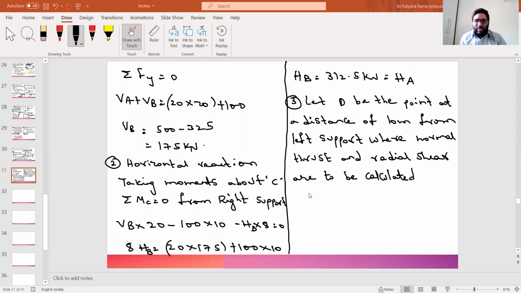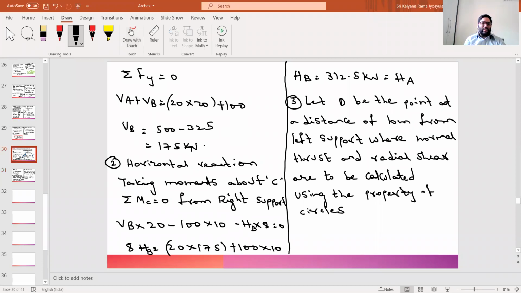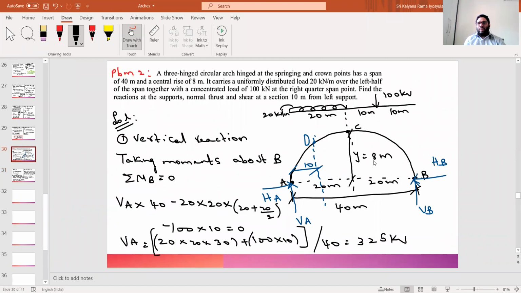Okay. Now, using the property of circles, we have the expression. This is h, the rise is h.